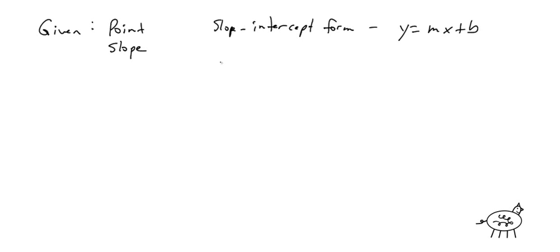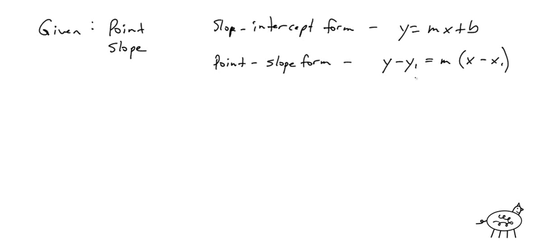And then we're also going to learn today something called point-slope form, which is y minus y1 equals m times x minus x1. Okay, it's really not too difficult.